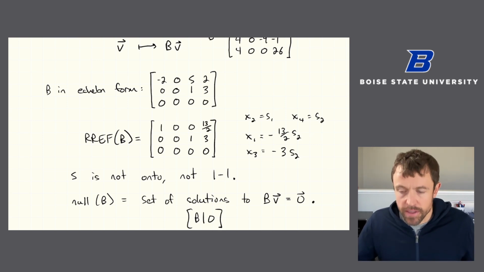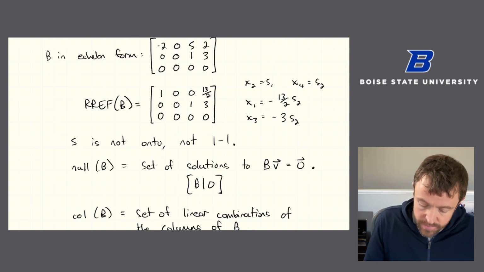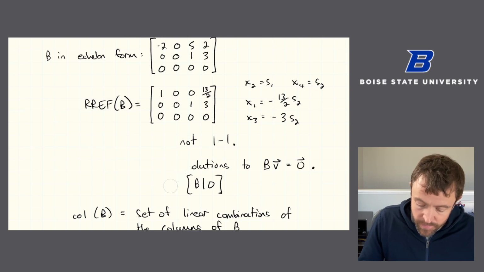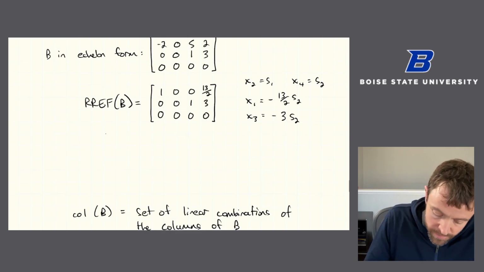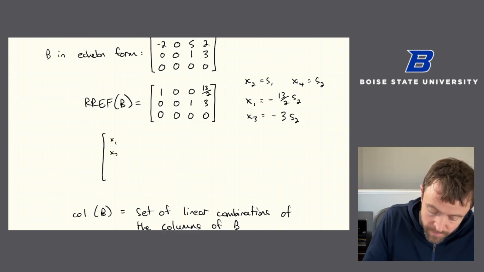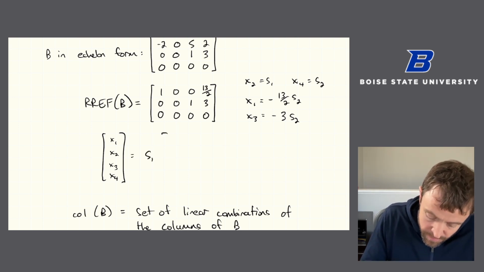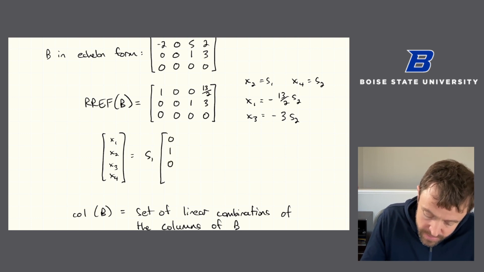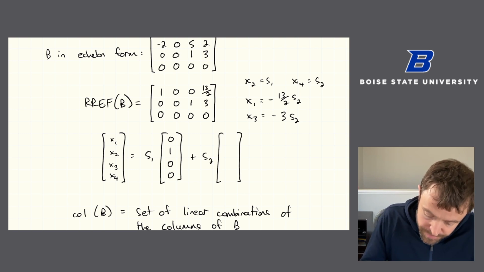And so when we solve this, we end up getting that our solutions are, well, our s1 term only has an entry in x2, and our s2 term has entries everywhere else.